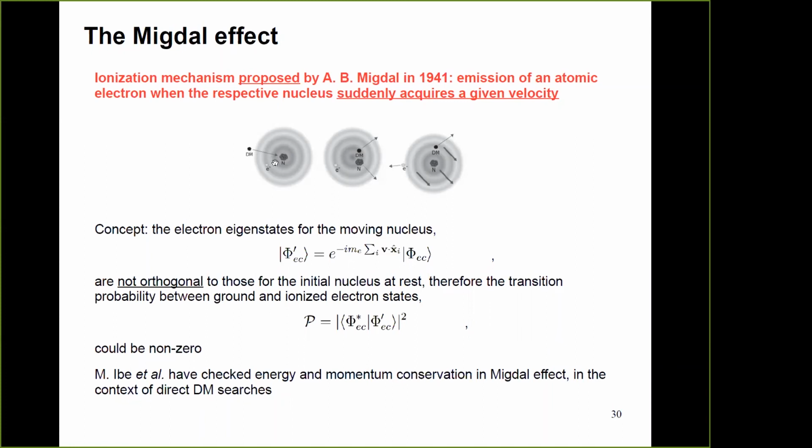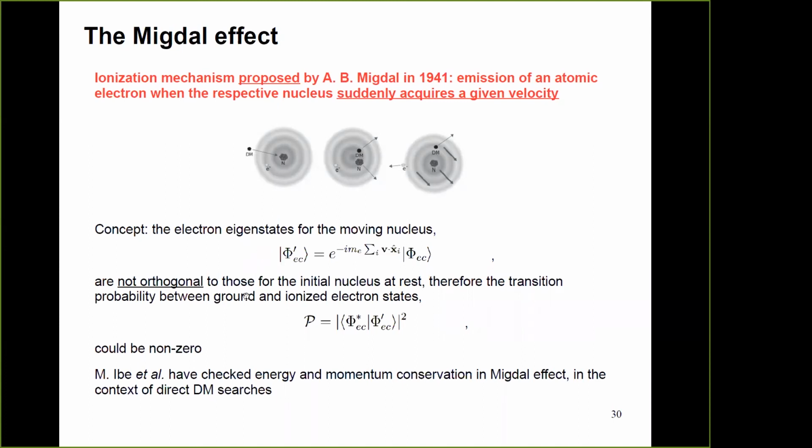For whatever reason, in this case because of that matter particle, the nucleus gets disturbed, perturbed, then that perturbation also affects the electron cloud and causes ionization, and then we have the recoiling nucleus on one side and the electron on the other, which is detached.